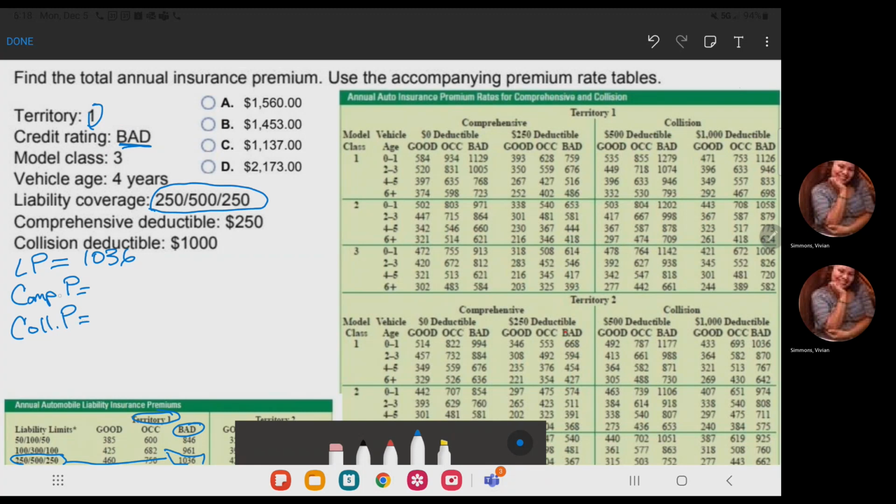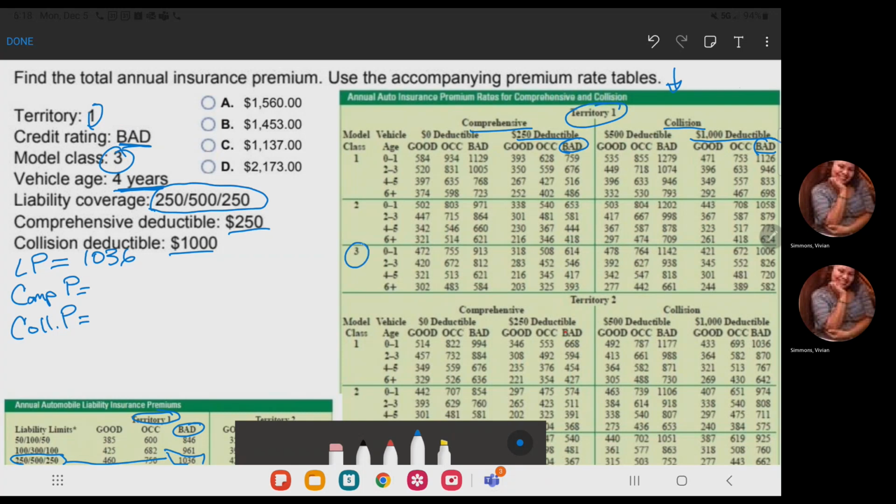Okay, so now remember, comprehensive and collision are in this table. Territory 1, comprehensive, collision. Now I need deductibles, 250 and 1,000. They both have bad credit. Okay. And model class is 3, and it's 4 years old.